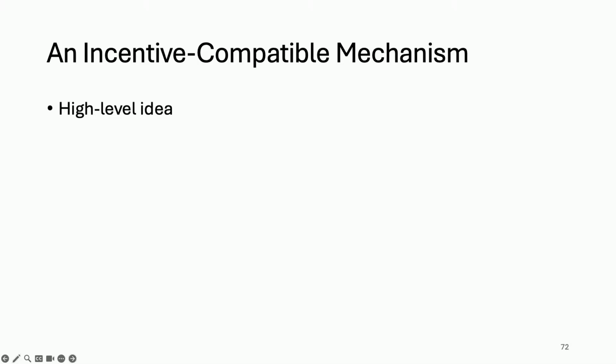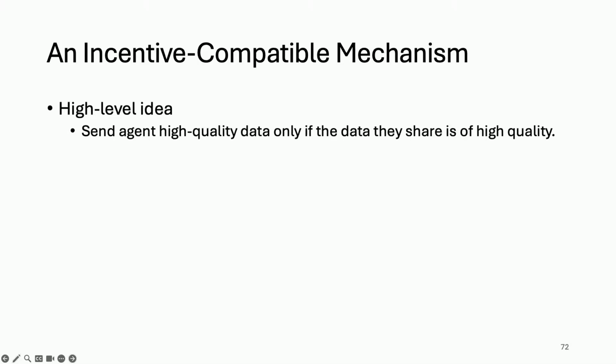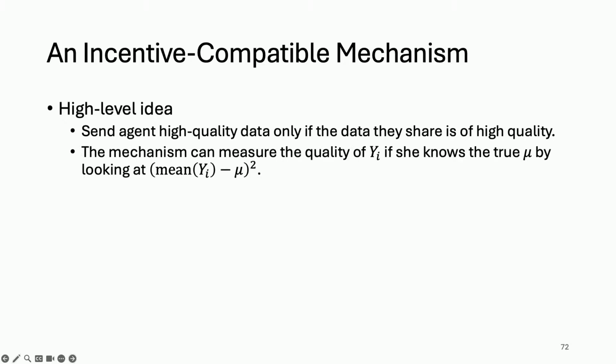Then they propose an incentive-compatible mechanism in this work. The high-level idea is to send the agents high-quality data only if the data they share is of high quality. So how to measure the quality of the data they share? The mechanism can measure the quality of the data they share, y_i, if she knows the true mean mu, by looking at the difference between the mean of y_i and mu.